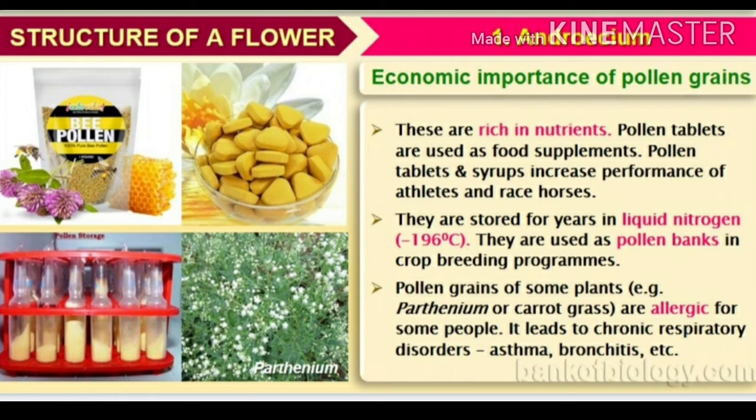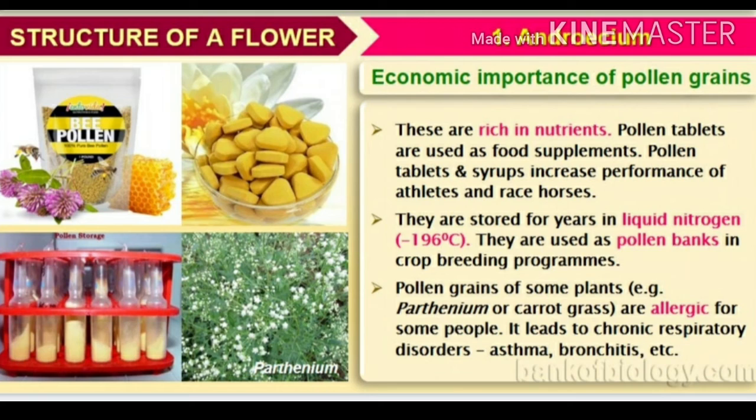These may lead to chronic respiratory disorders like asthma, bronchitis, etc. There is a troublesome weed known as Parthenium, or carrot grass, which causes pollen allergy. Its seeds came to India as a contaminant with imported wheat from the USA, and it has grown in abundance everywhere. Now it has become a very troublesome weed that is causing allergy.